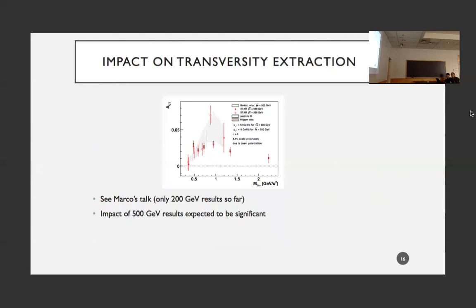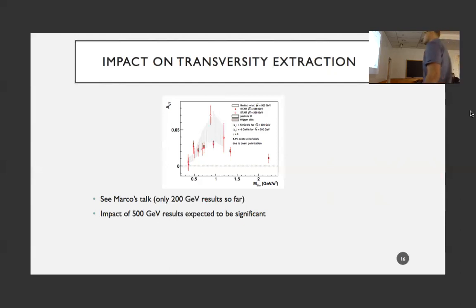And the other thing I want to point out, so you don't see it here, unfortunately, again, not through the projector. This shows you the comparison of our data with theory predictions from Marco and Alessandro and so on. So Marco is going to show you extraction of transversity from our 2006 data, which is of course the one with the giant error bars.